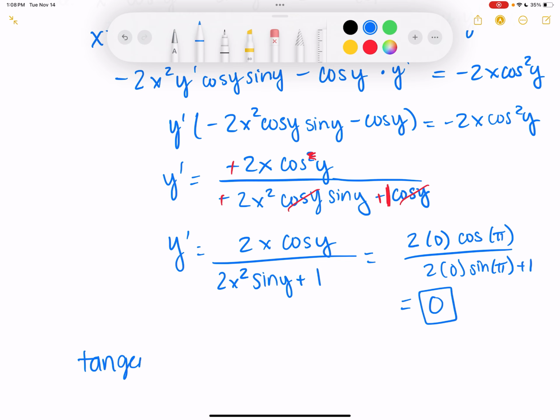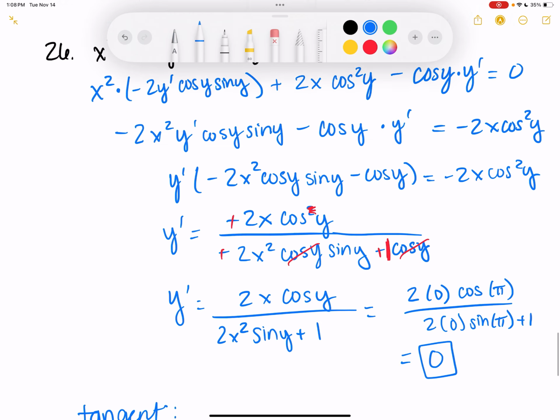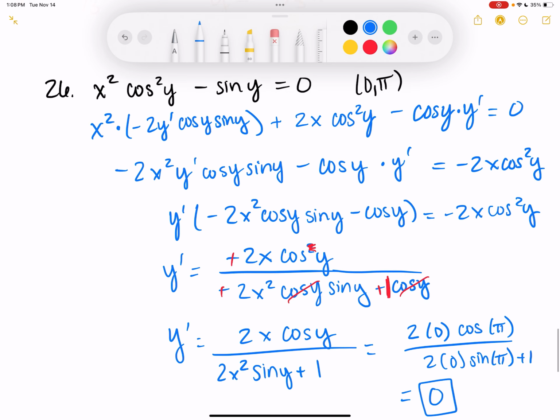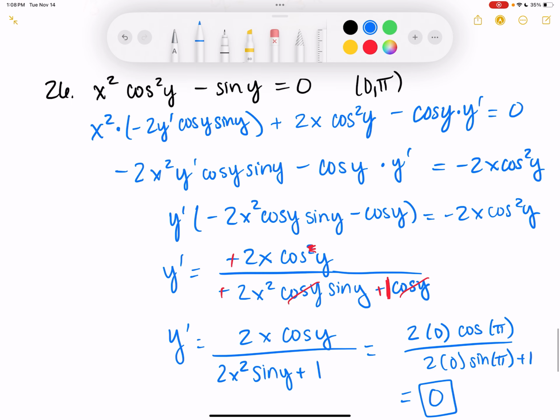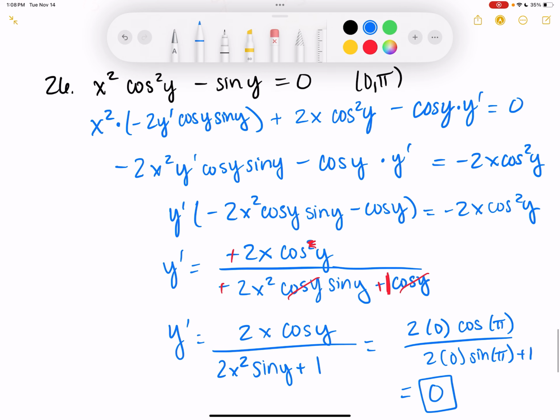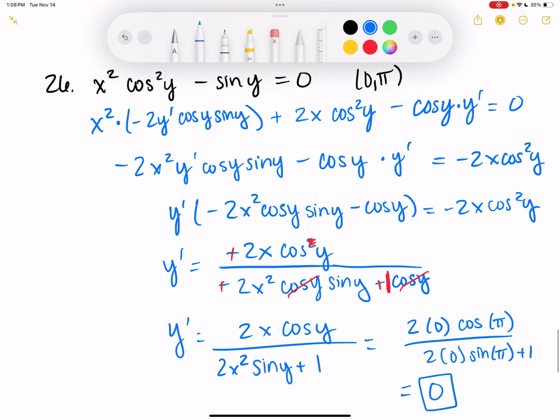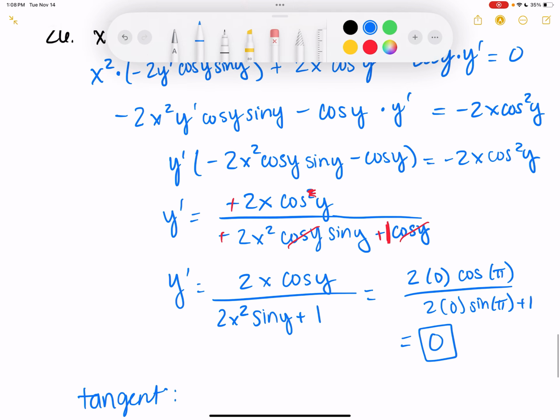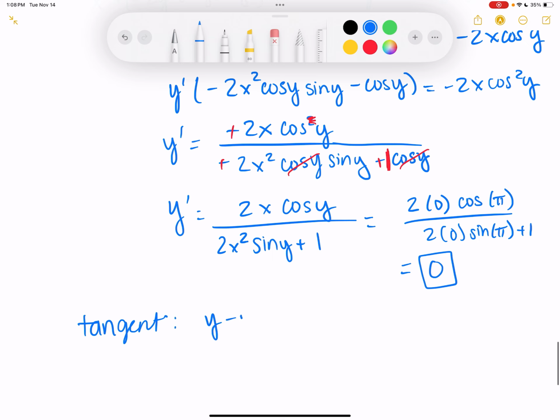I forgot they were multiple. So the tangent line would be where? I need the equation of the tangent line. y minus pi equals... You don't even need to write the whole thing.